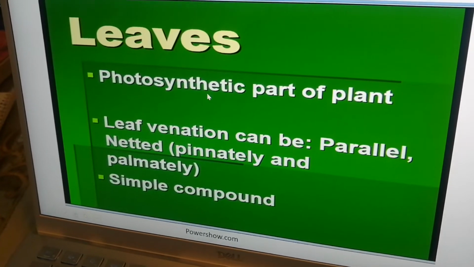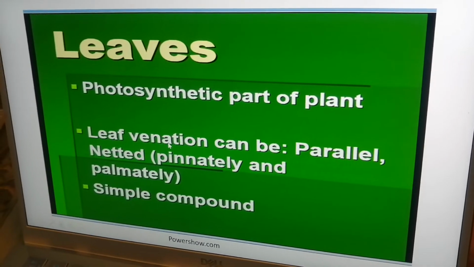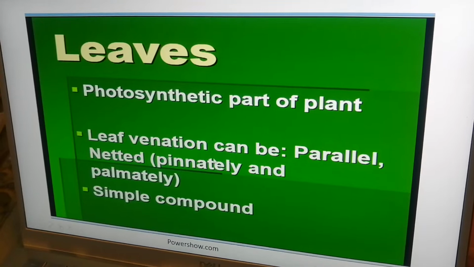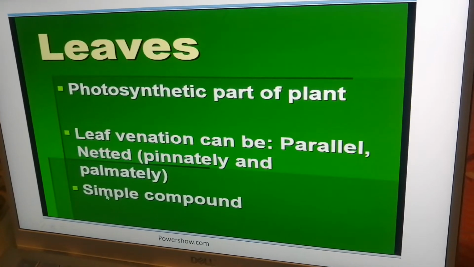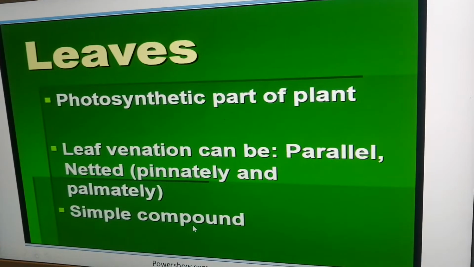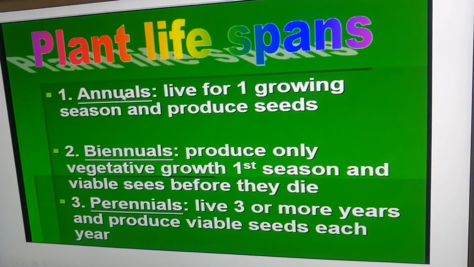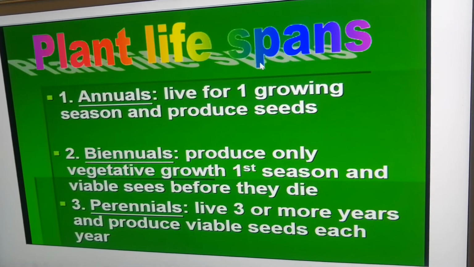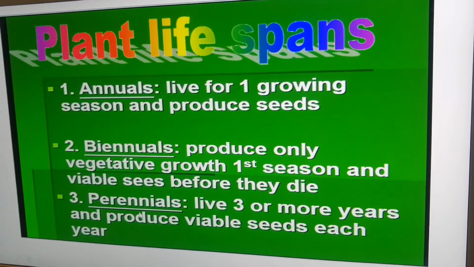So a leaf is a photosynthetic part of the plants. It has a leaf venation that can be either parallel or netted, pinnately or palmately, simple or compound. So we have here the characteristics of the leaves. A plant's lifespan can be annual, biennial or perennial.